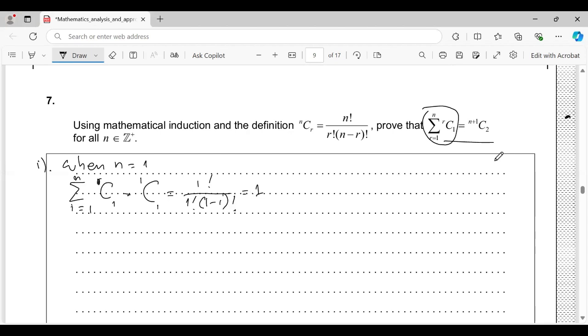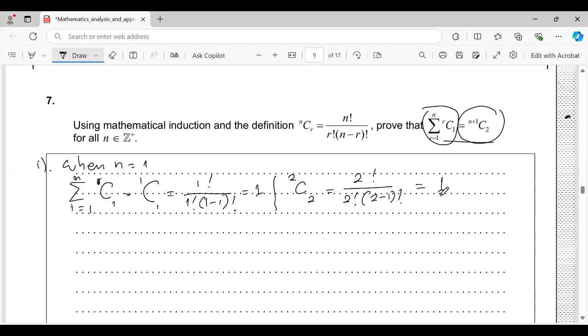And next, we are going to prove that this expression equals 1 also. The combination n plus 1, it means 1 plus 1, 2. 2 is going to be 2 factorial over 2 factorial, 2 minus 1 factorial.